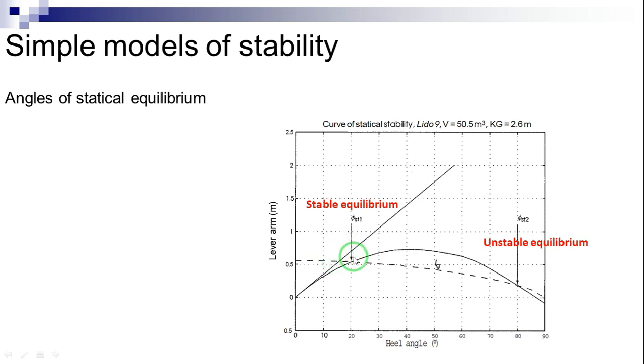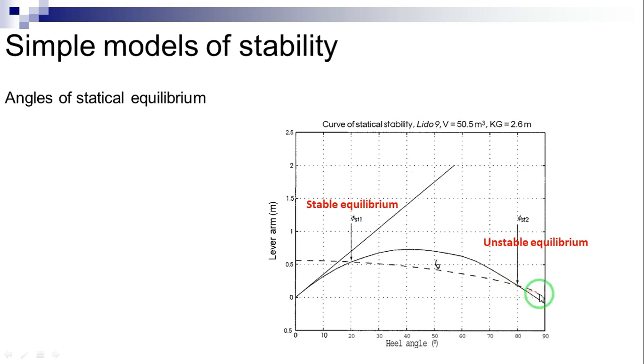Let us see now what happens at the second angle of equilibrium, phi st2. If some perturbation causes the ship to incline further to starboard, the heeling arm will be larger than the righting arm, and the ship will capsize.